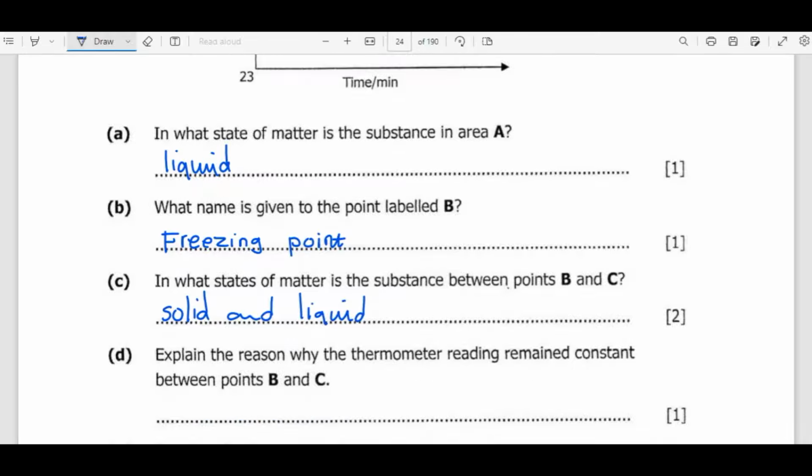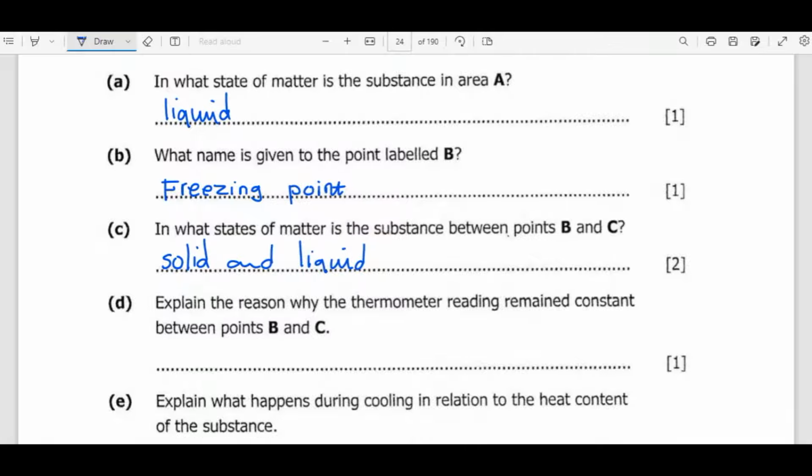We move on to question D. Explain the reason why the thermometer reading remained constant between points B and C. So between points B and C is where the process of freezing is taking place.